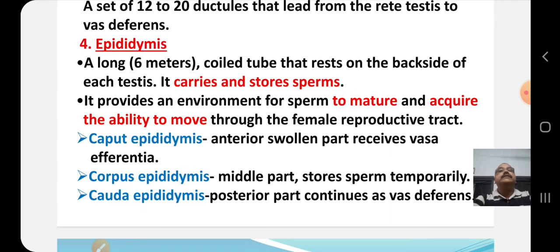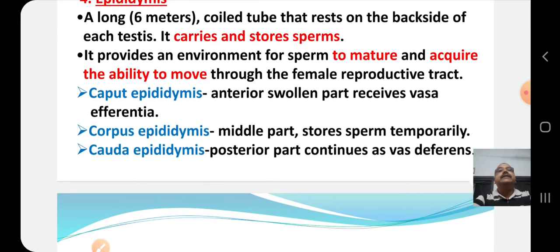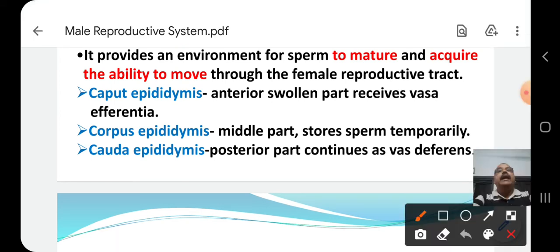The epididymis provides a sort of environment for the maturation of sperm, and the sperm also acquires the ability to move through the female reproductive tract. The epididymis is divided into 3 parts: caput epididymis, corpus epididymis, and cauda epididymis.